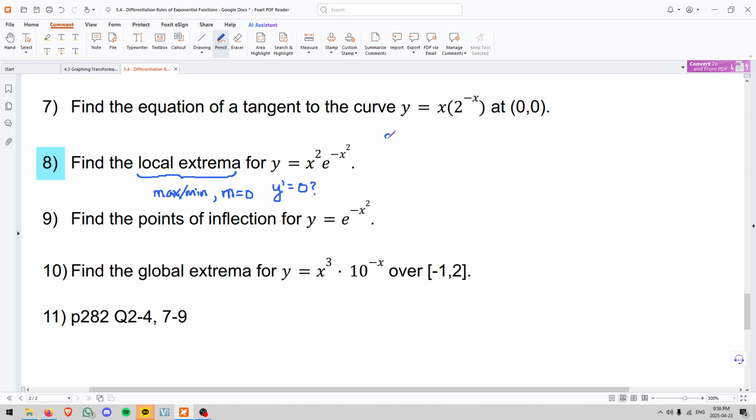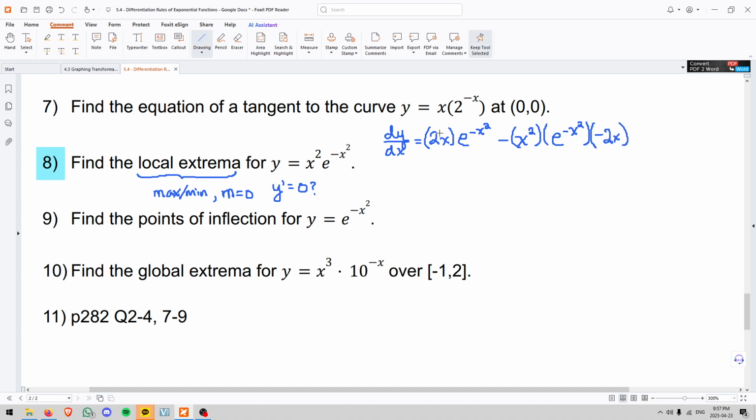So let's find it. dy over dx is derive the first, leave the second all alone, minus leave the first all alone, derive the second, which means the power is copied down, times ln e, which is 1, times the derivative of the exponent.